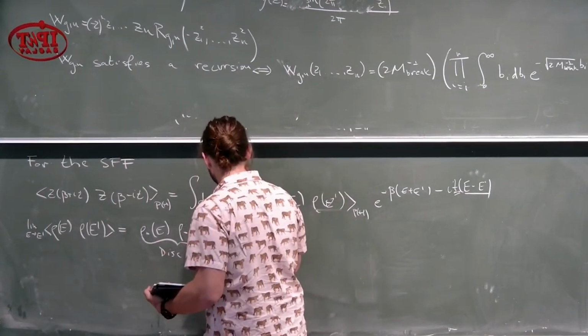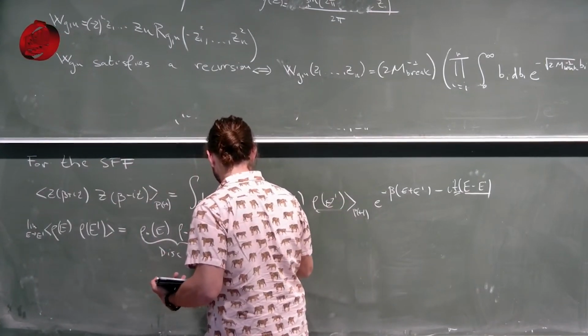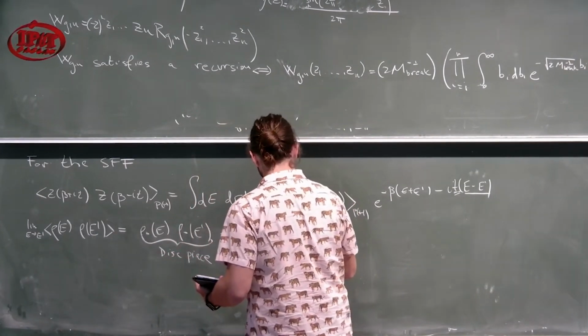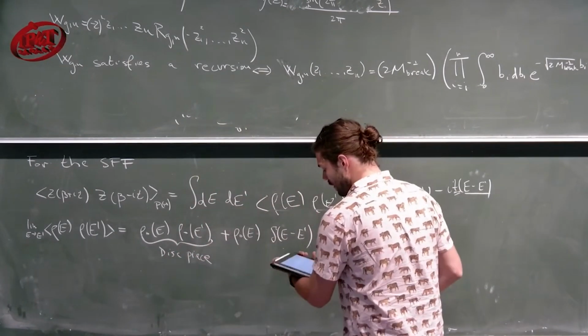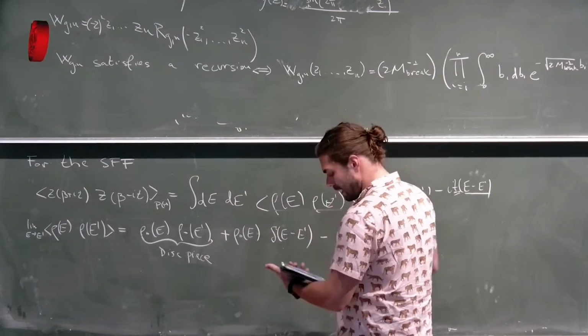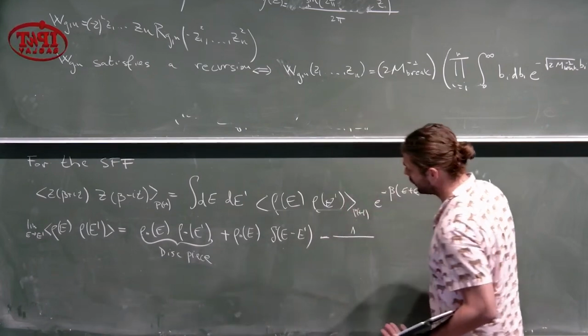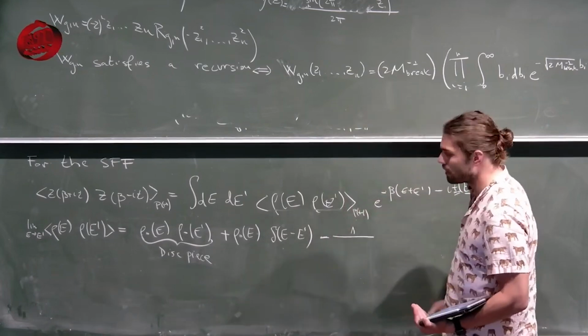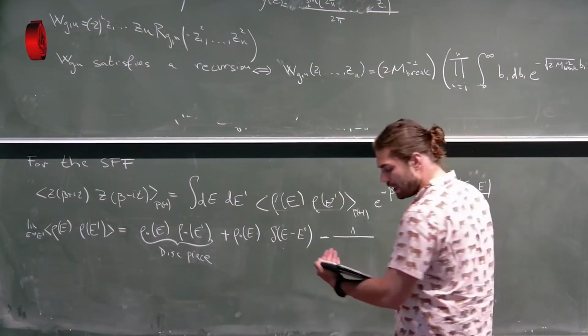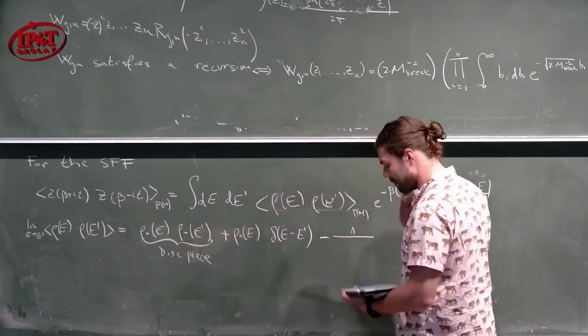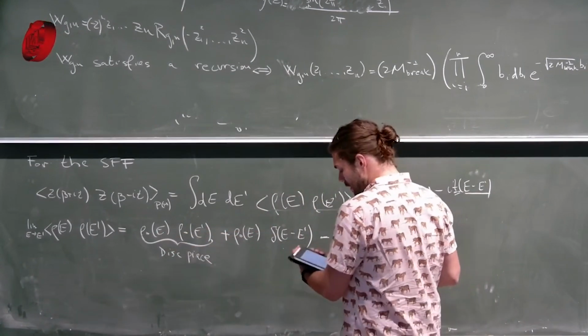It contains a contact term. And in addition to that, it contains a piece that we calculated yesterday that corresponds to the cylinder contribution that turns out to be universal and independent of the density of states, as some of you observed yesterday.